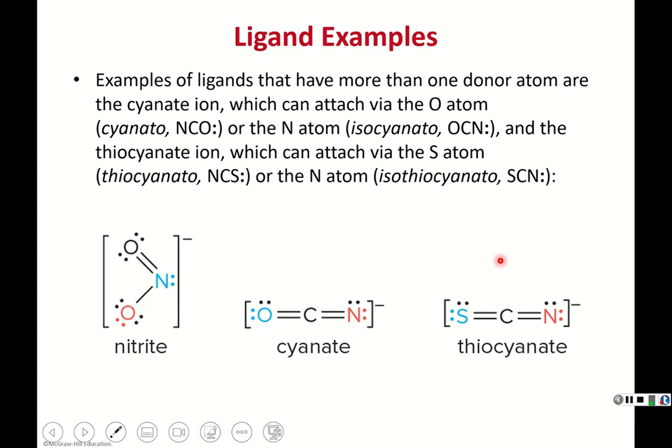So some examples of ligands, we've seen some of these: nitrite, NO2, cyanate, which is OCN, and thiocyanate, which is SCN. These are monodentate, but they have two separate ligand atoms that can bond to the metal. So these can be ligands that can have linkage isomers.